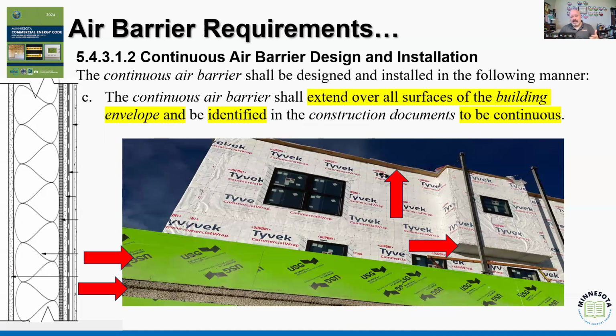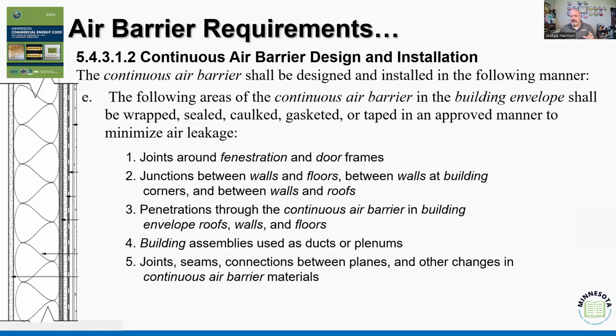That it's continuous, that it doesn't terminate unnaturally, right? That it's continuous all the way around the entire identified area, that it reaches the stack. And then again, we have these different sealing, gasketing, taping expectations identified in those construction documents.